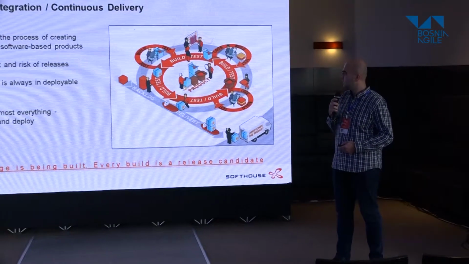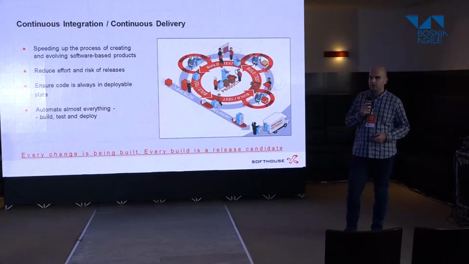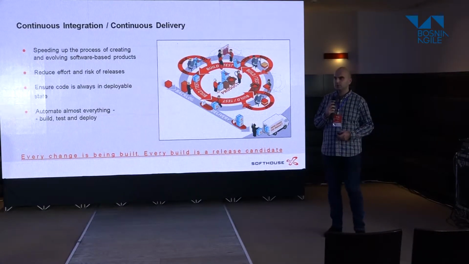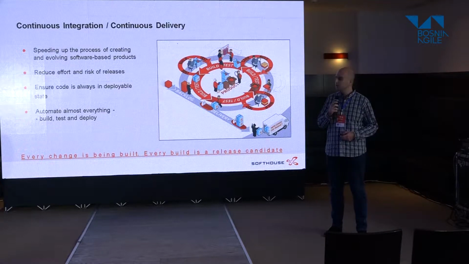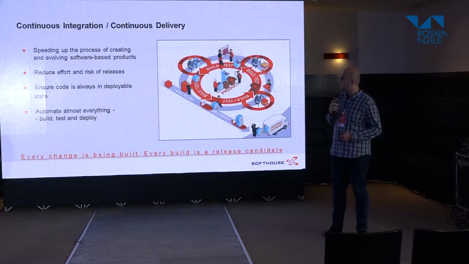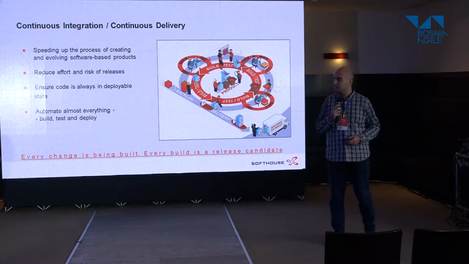This means that on top of having an automated process, you also have an automated release process to deploy your application at any point of time and in any environment.